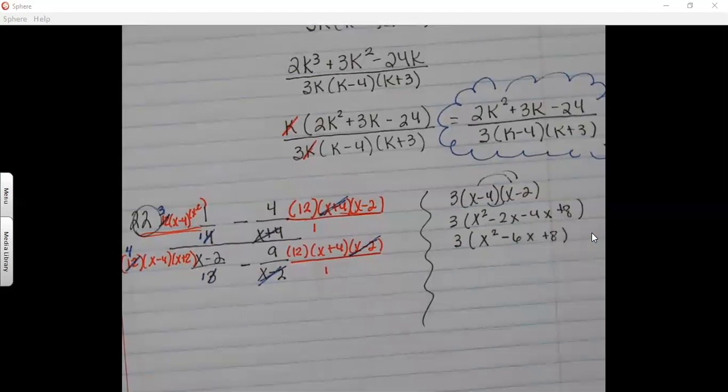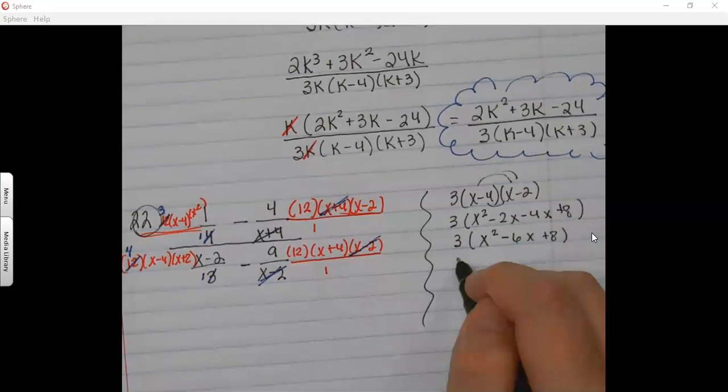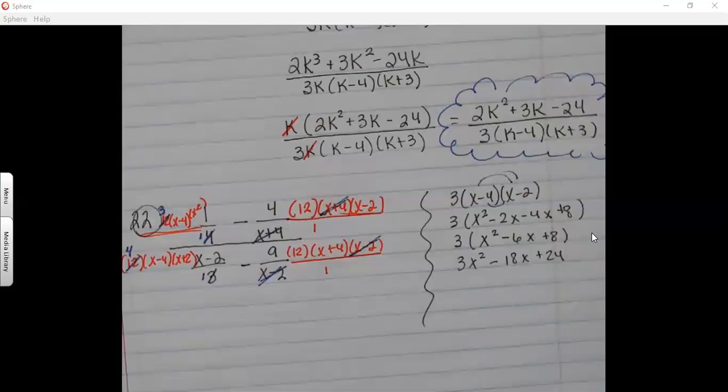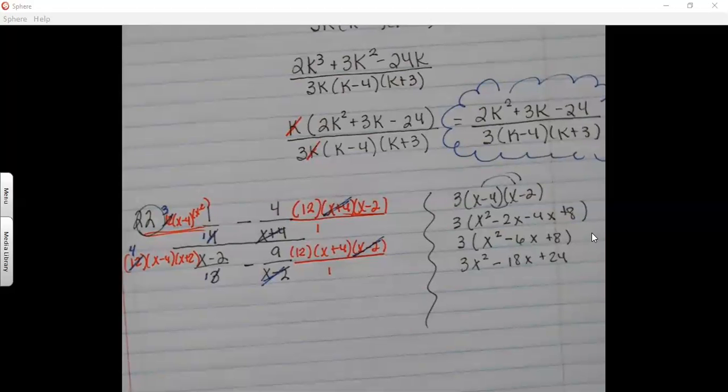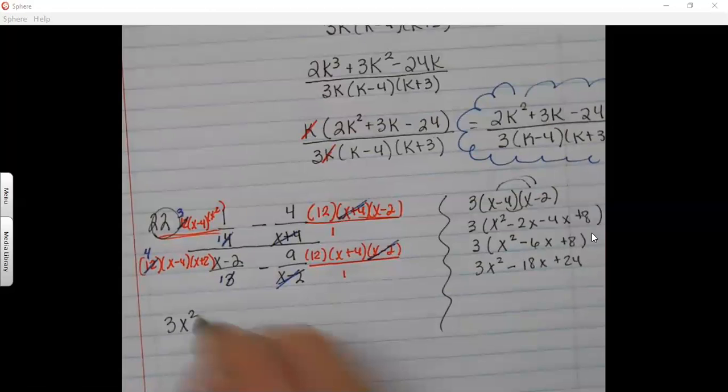Then I'm going to distribute the 3, so that's 3x squared minus 18x plus 24. So that top left fraction all simplifies to 3x squared minus 18x plus 24.